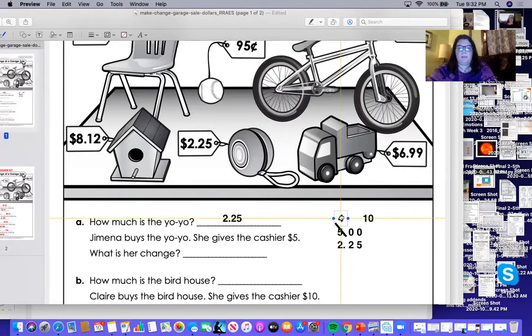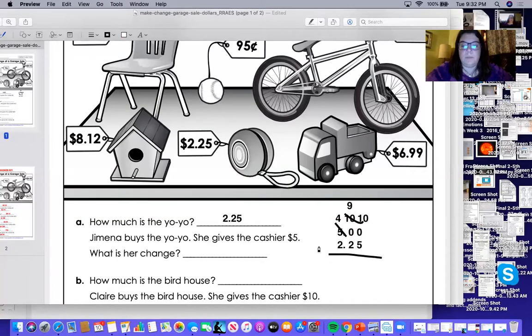So here's my dollars. Now I have 10 dimes. Now I can take one of these dimes. So now I have 9 dimes. And now I have 10 pennies over here. Right? Okay. All of my exchanging is done.